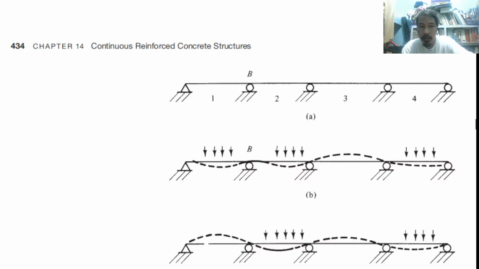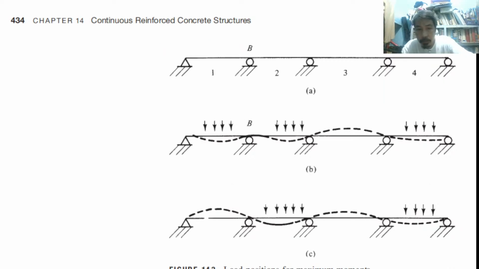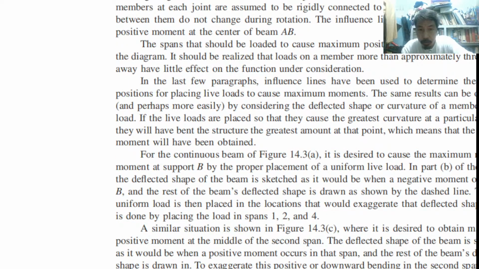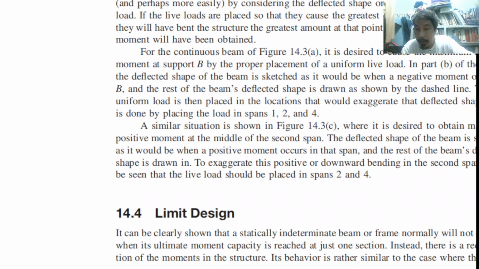In which span we must position the load, the maximum load, the live load, so that we will get the maximum moment. Okay, so we can do that. And just try to review that influence line topic on our theory of structure.